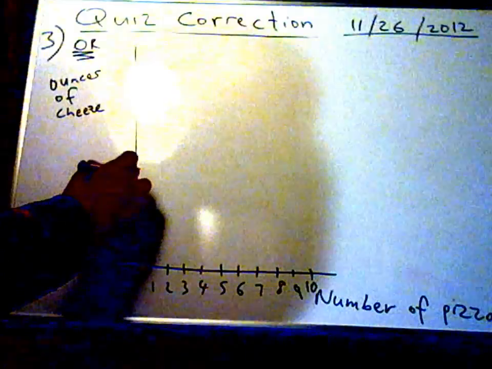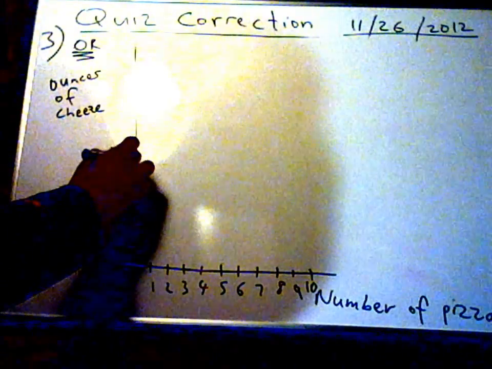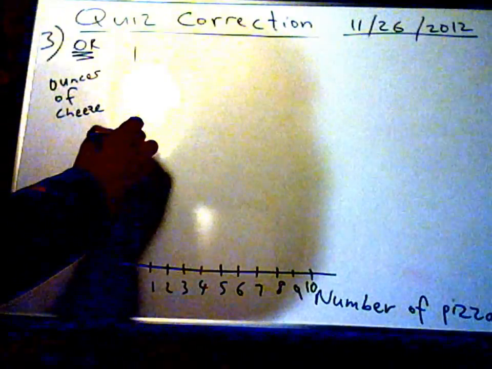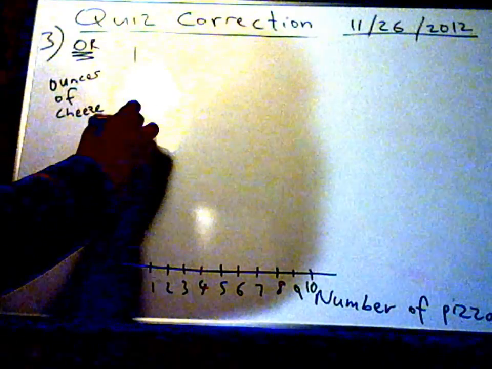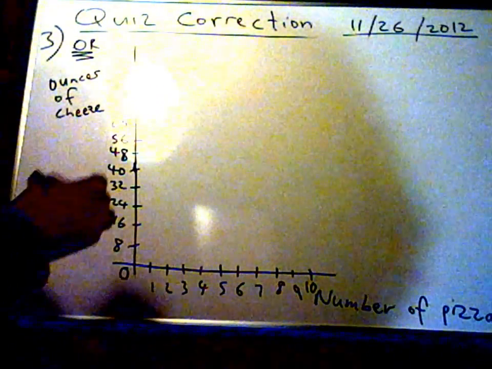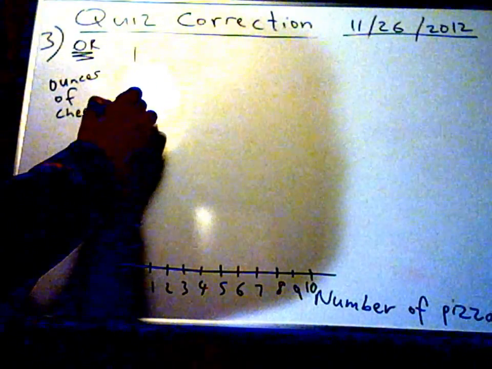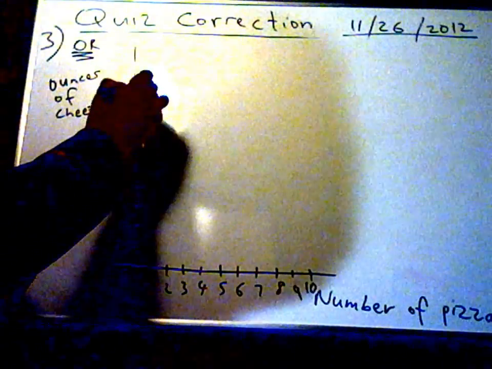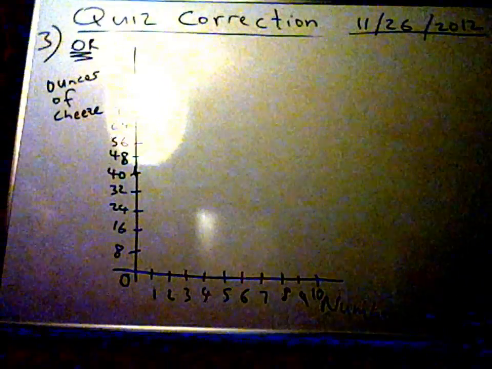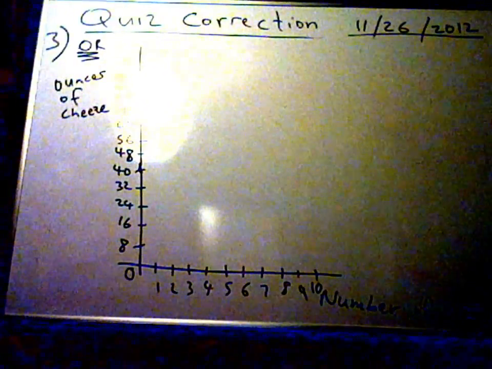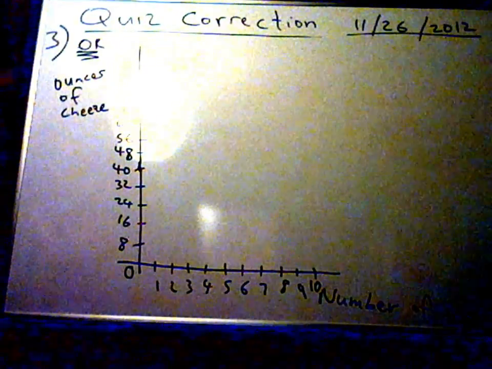So you have 32, then 40, 48, 56, 64, 72, and then 80. Even if you're not using all the numbers, they must be a part of the scale, because you have to have a uniform scale. Alright?